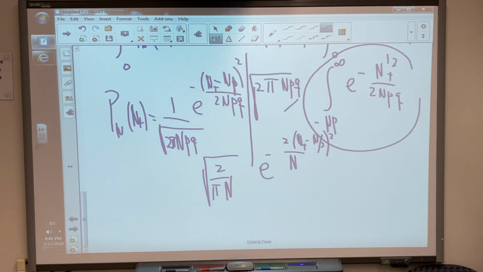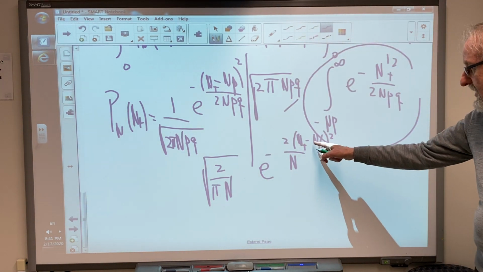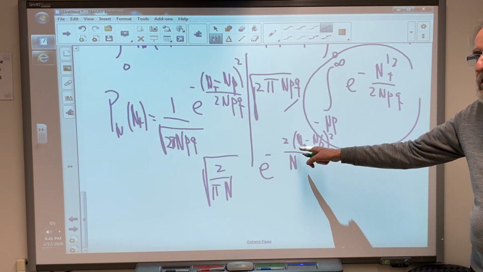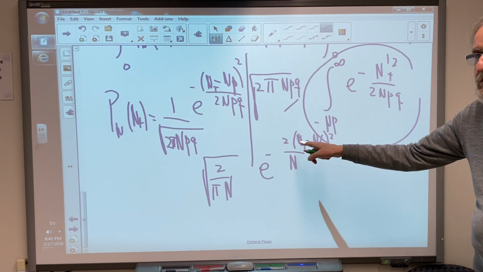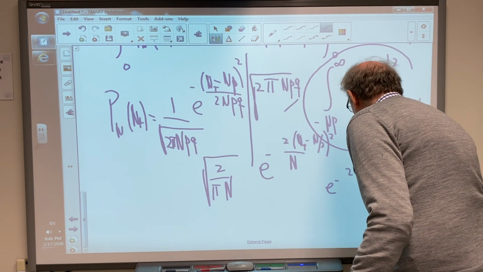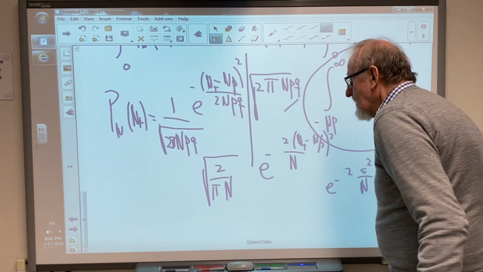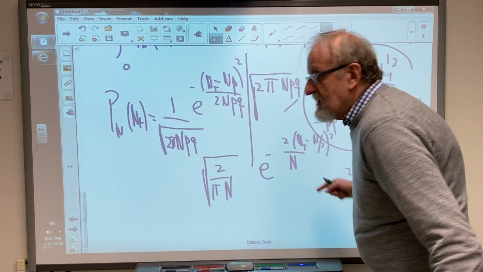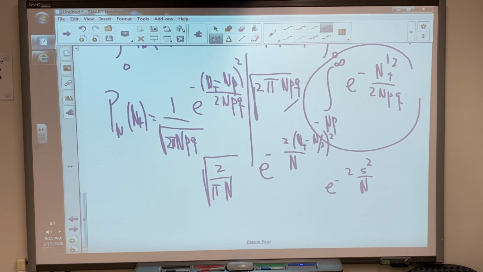Which, if you remember correctly, n plus was n over 2 plus s. So this is s, right? So you get e to the minus 2s squared over n. So you see, this is the expression when p equals q equals 1/2.